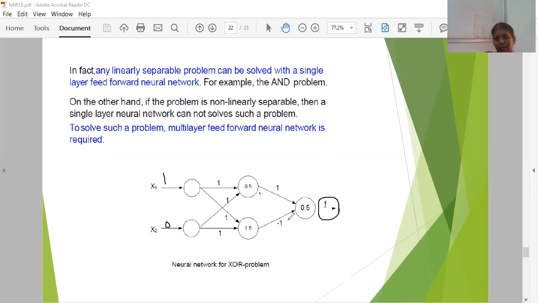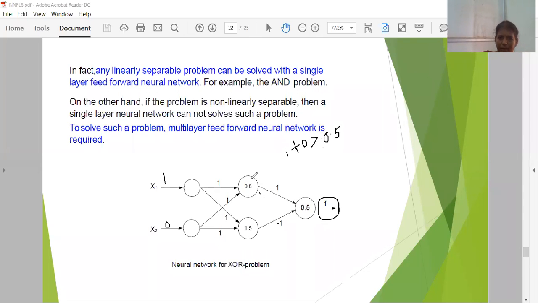0 into 0, 0.5. So first case, if you are considering 1 into 1, 1 plus 0 is greater than 0.5, greater than this threshold value.